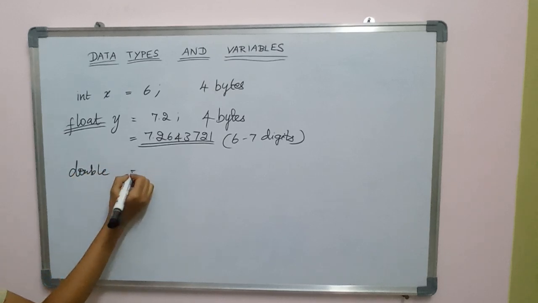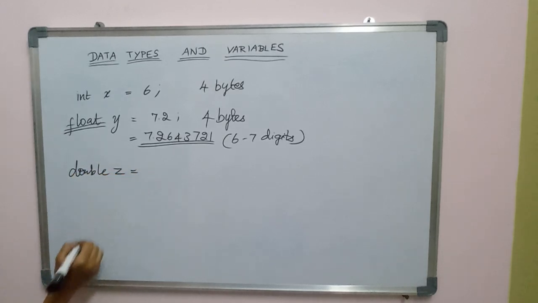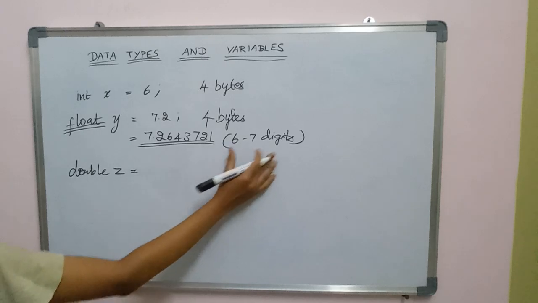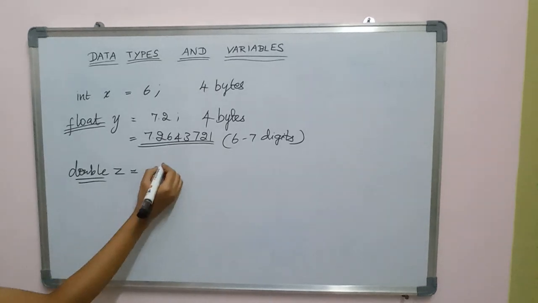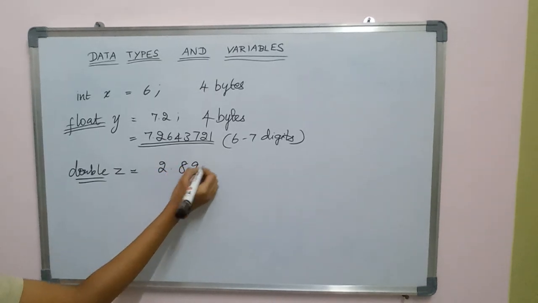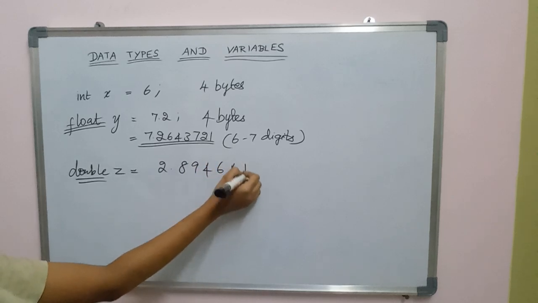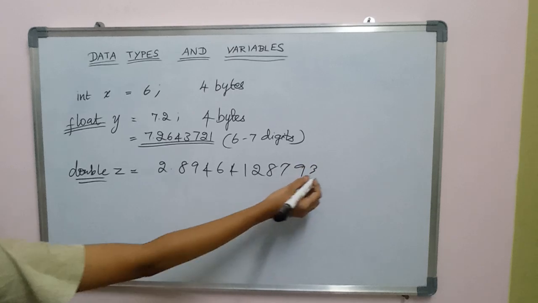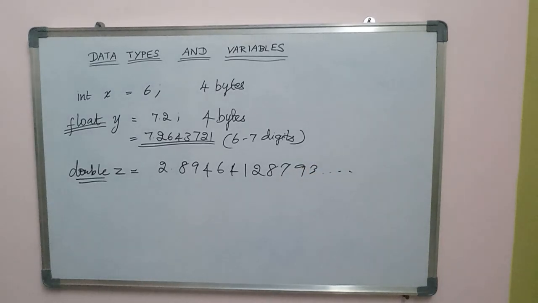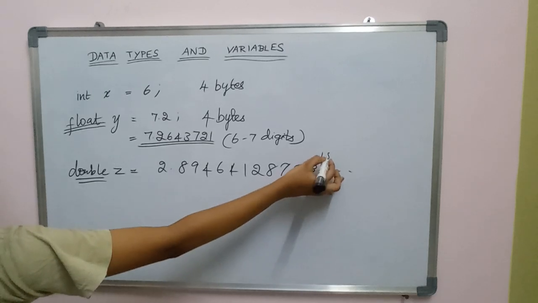Double is also for storing decimal numbers, with more than 6 to 7 digits, like 2.894641287993 and so on. But it also has a limit. It is sufficient for storing about 15 digits.